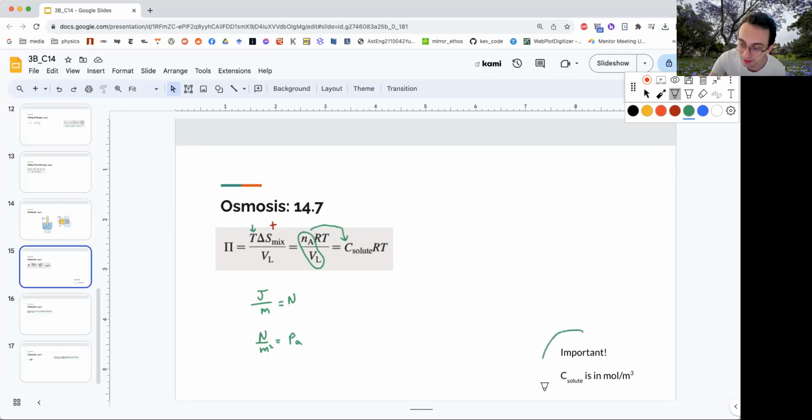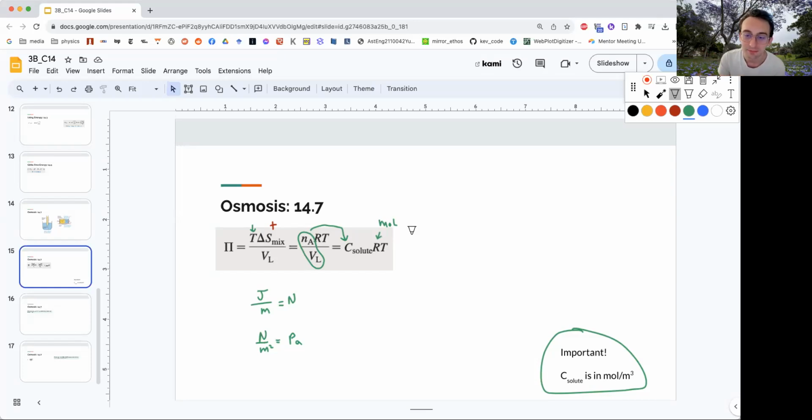Importantly, C solute is in moles per cubic meter. The reason we know that it has to be moles is that we see this ideal gas constant. If you see R, the ideal gas constant, in a problem, there's going to be something like moles involved, because R is scaled by Avogadro's number from k_B, Boltzmann's constant.